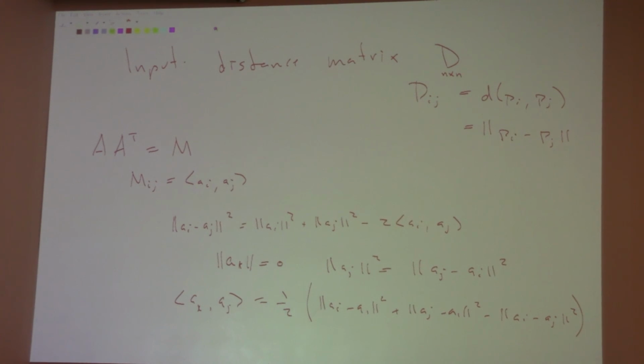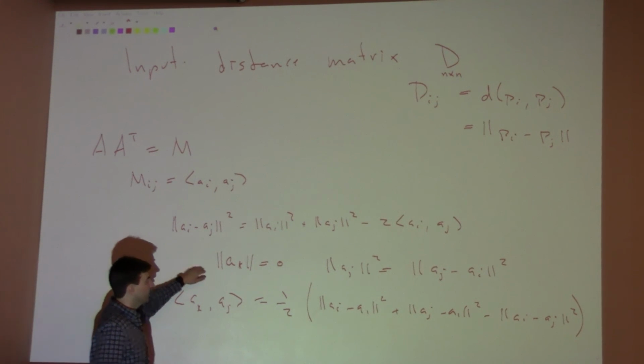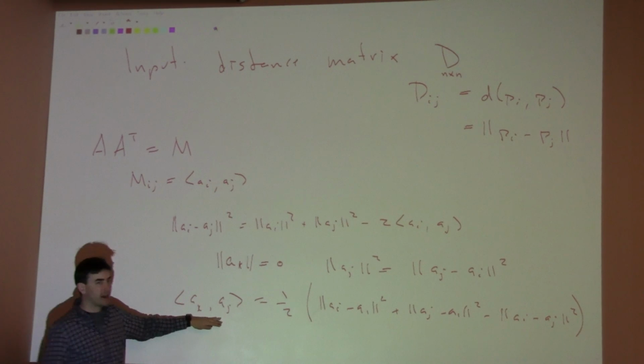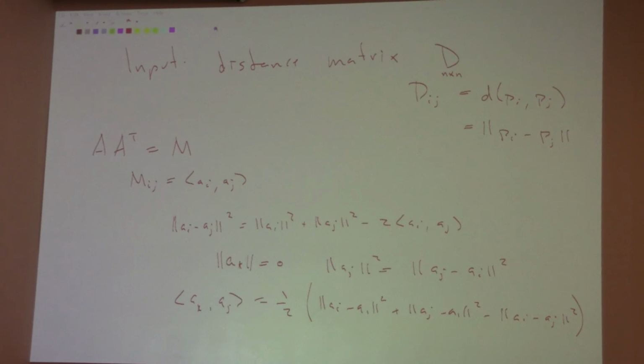After this arbitrary choice, I can calculate all these inner products, and fill up this n by n matrix A A transpose from the distances.